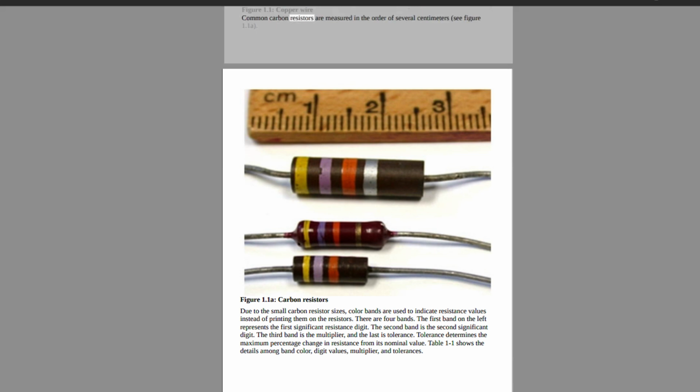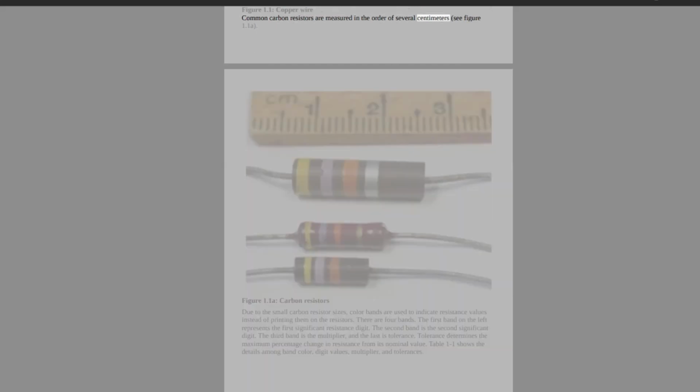Common carbon resistors are measured in the order of several centimeters, see figure 1.1a. Figure 1.1a, Carbon resistors. Due to the small carbon resistor sizes, color bands are used to indicate resistance values instead of printing them on the resistors. There are 4 bands. The first band on the left represents the first significant resistance digit.